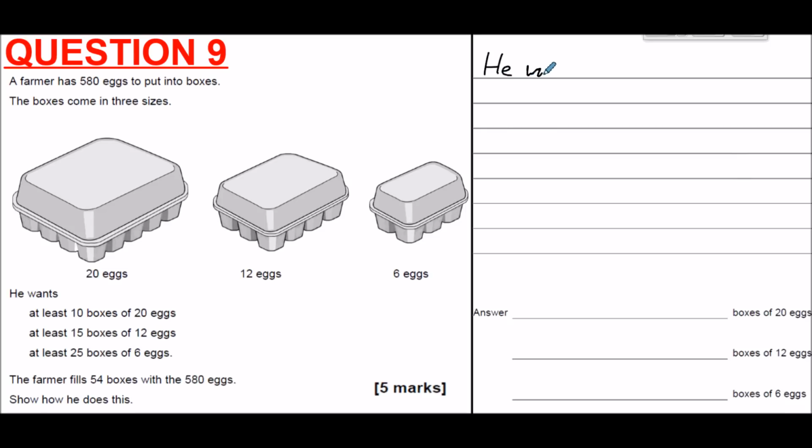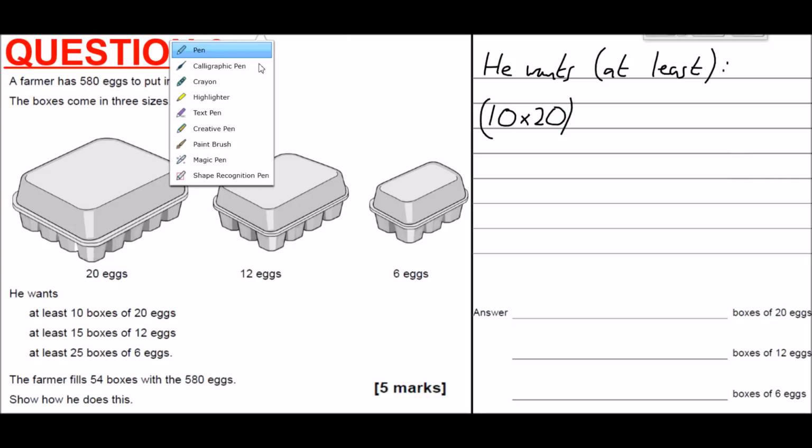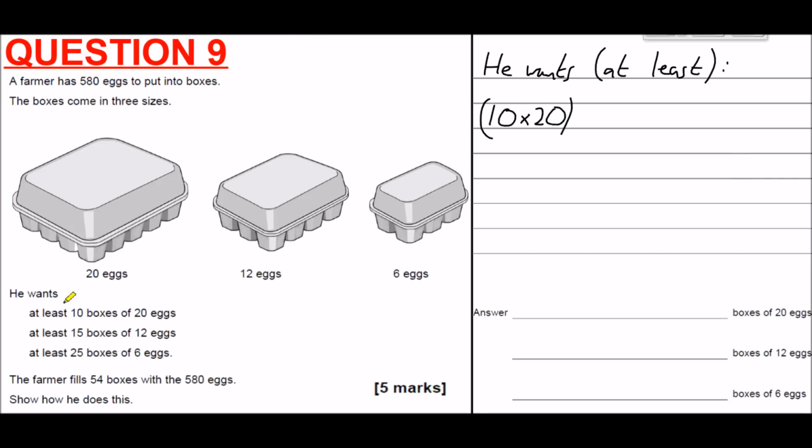So he has boxed up at least 10 boxes of 20, which is 10 times 20. And we know that because it says he wants at least 10 boxes of 20.